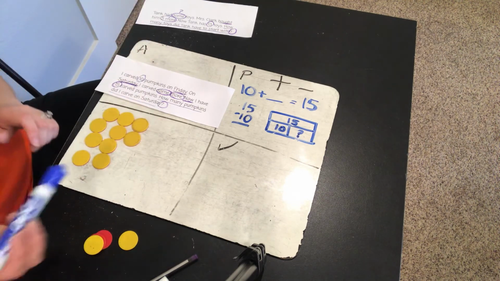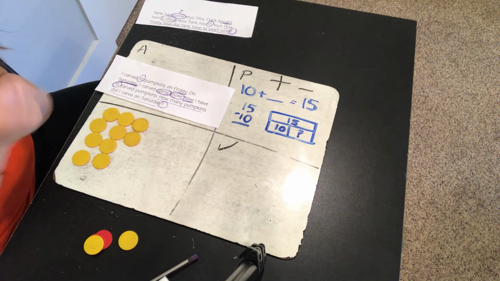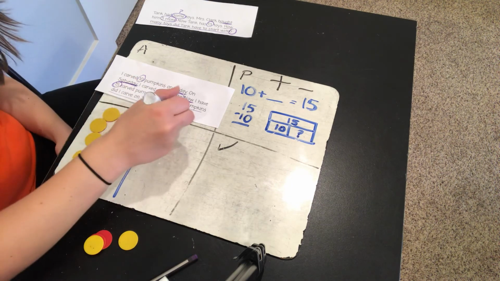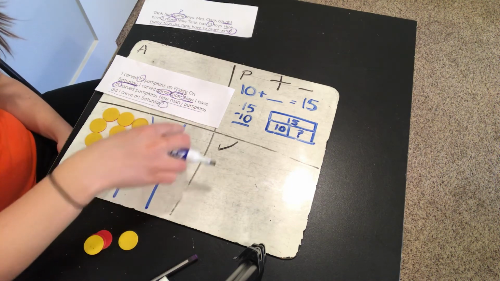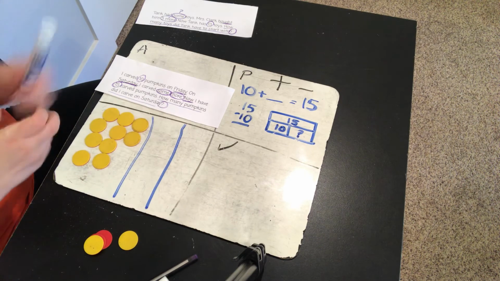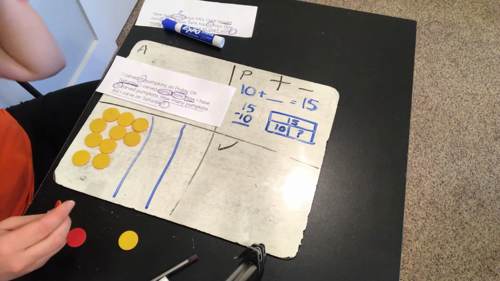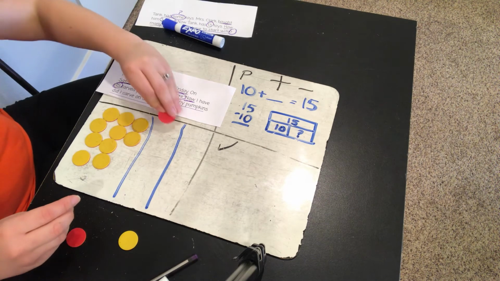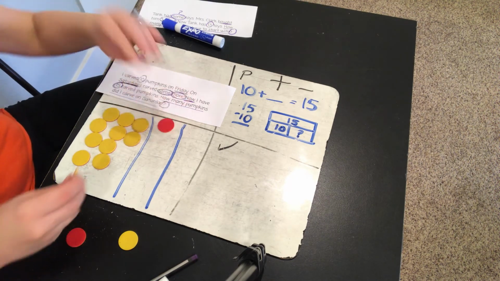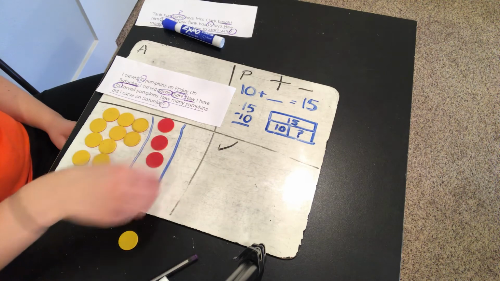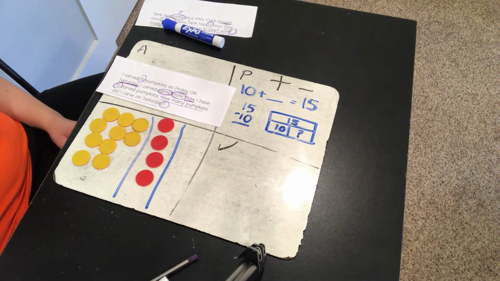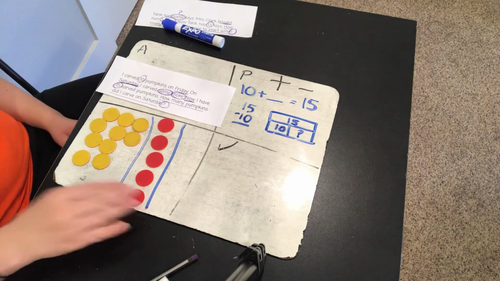And then in total, I should have 15. So here's Friday, Saturday, and then all together there should be 15. So if I've got 10, now I can just add and keep counting until I get to 15. So here's 10, 11, 12, 13, 14, 15.